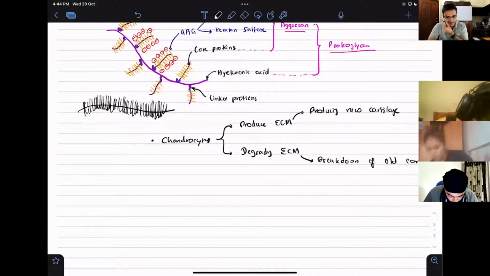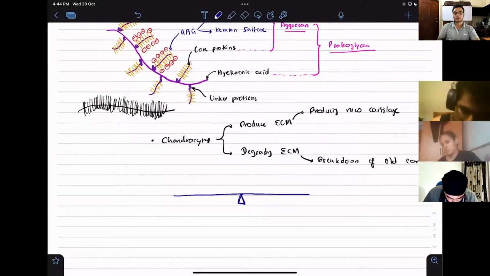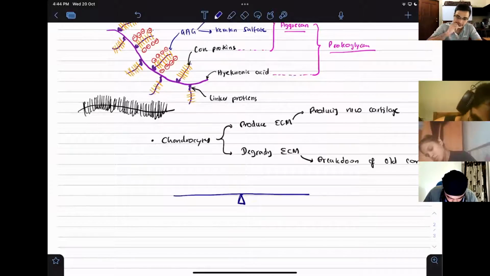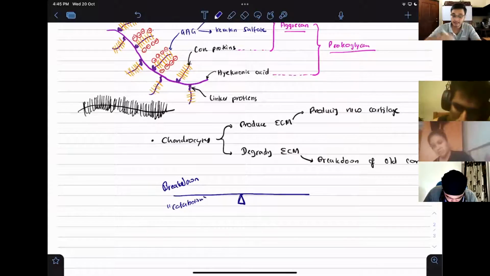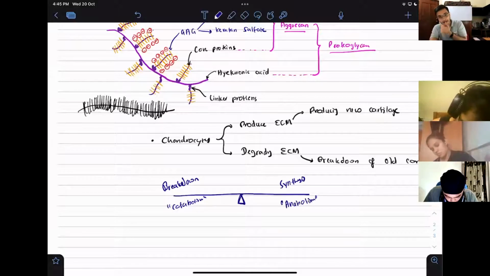It's an equilibrium between production of new cartilage and breakdown of old cartilage. The breakdown process we call catabolism, and the synthetic function we call anabolism. So this is in a dynamic balance and it is maintained by our chondrocytes.